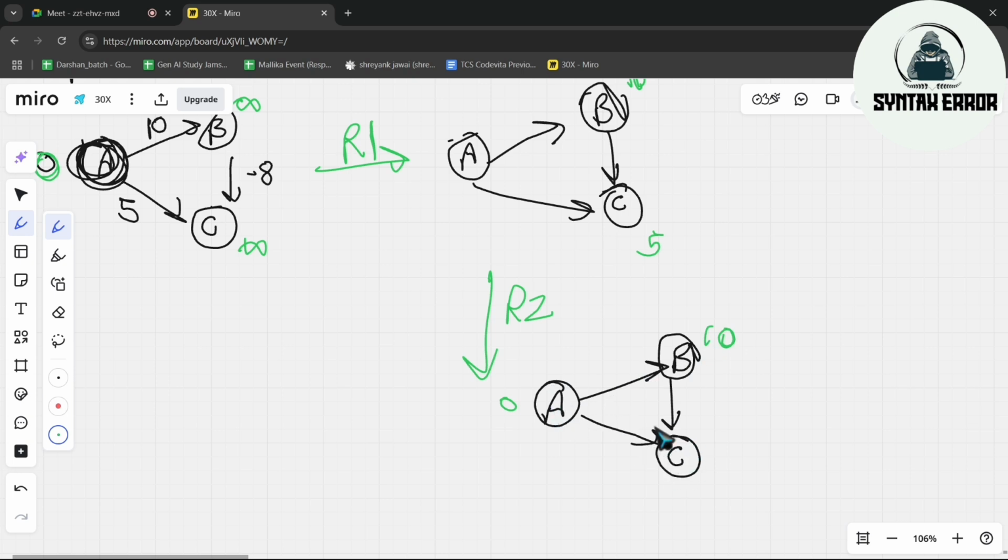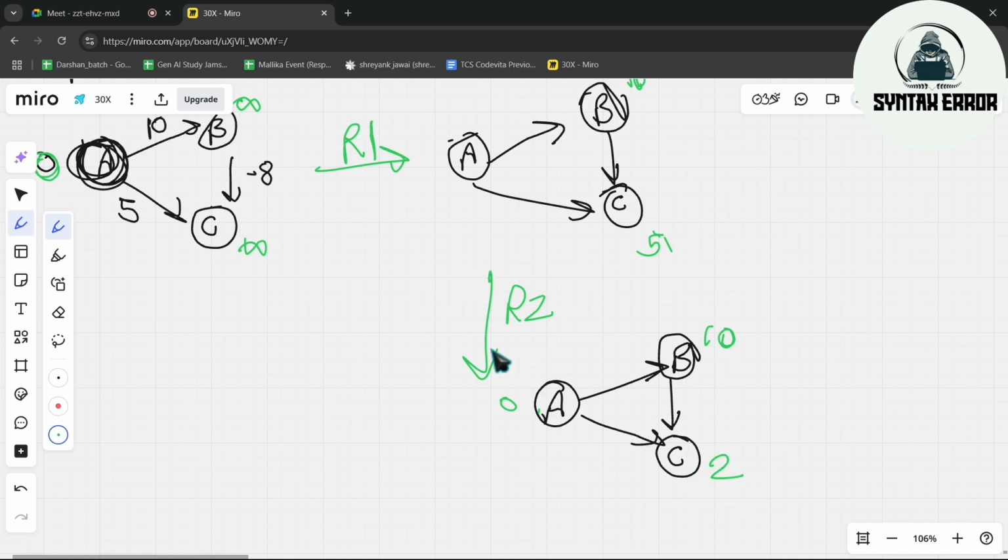But for C, we have 2 ways. We will check the second way also: A to B, B to C. So what was the cost from A to B? Which is 10. What is the cost from B to C? That is minus 8. So 10 minus 8, the answer is 2. When we compare 2 with 5, 2 is smaller. So we will get 2.